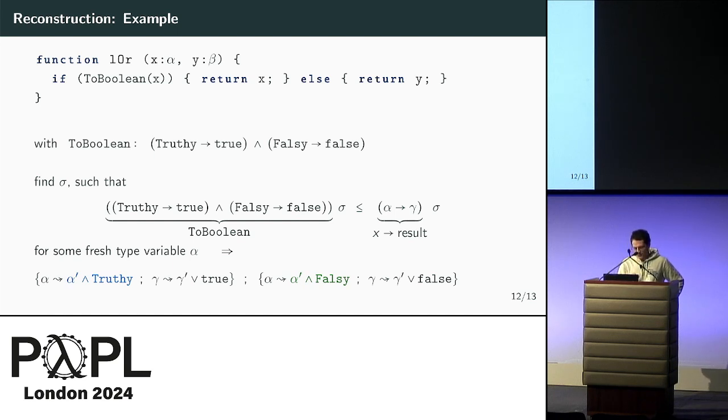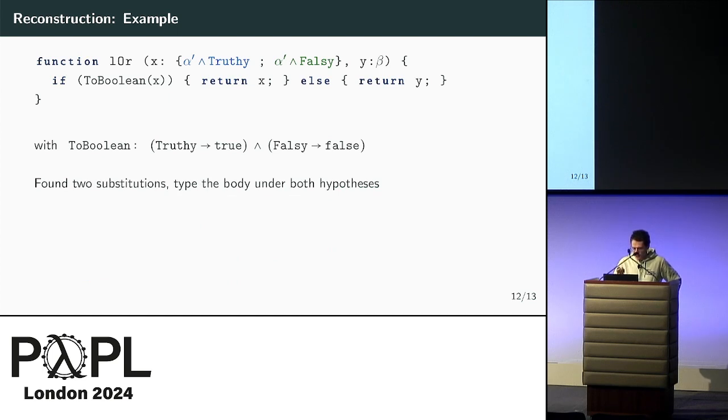The first one suggests that alpha should be substituted by alpha prime and true phi. And the second one suggests that alpha should be substituted by alpha prime and false. And so now what we do is we backtrack to the definition of x, and we treat each case separately. So first, we type the body again, but this time by assuming that x has the type alpha prime and true phi.